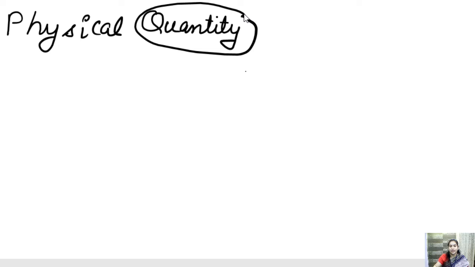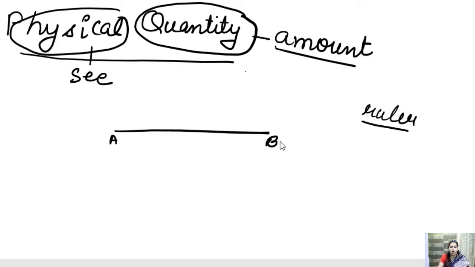Everybody must be having a ruler. With the help of a scale or a ruler, we can measure the length of this line AB. Consider this line is coming to be 6 centimeter. So we can measure the length. Clear? This is called length.